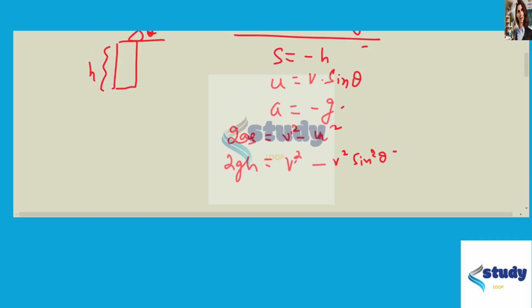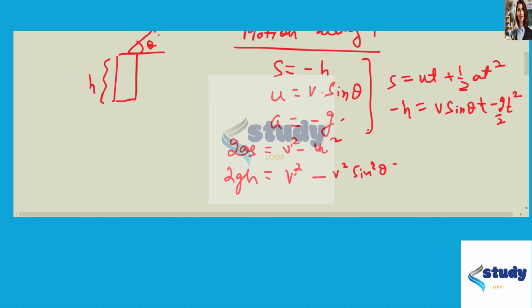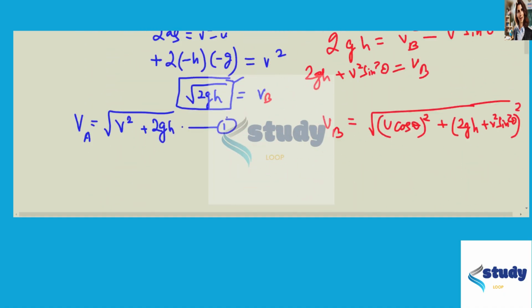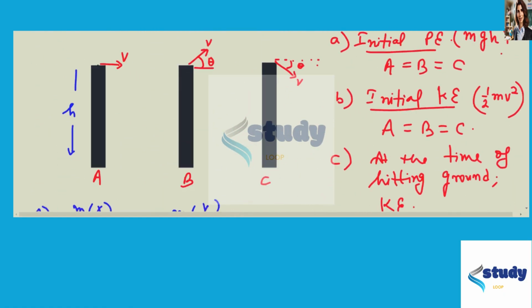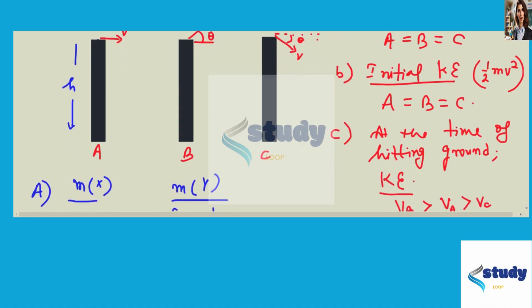To find out the time, we'll use s equals ut plus half at squared. So minus h equals v sine theta into t minus g by 2 t squared. From here we can get the idea that time of flight will be greatest in that case which has more vertical component of velocity in the positive direction.